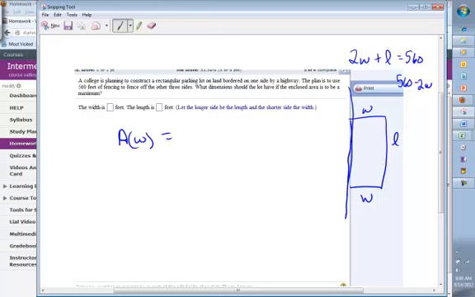As a function of the area, as a function of the width, is the width times the length, but the length is 560 minus 2w. And so we get 560w minus 2w squared.